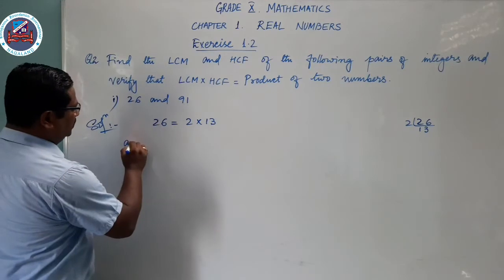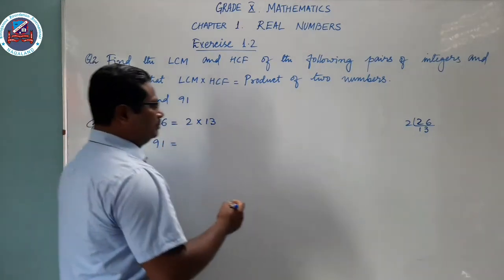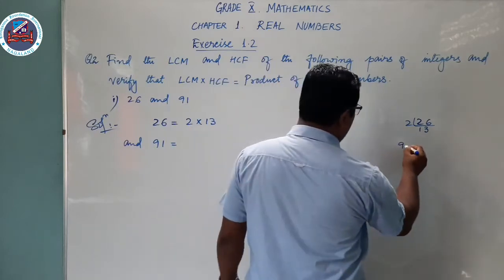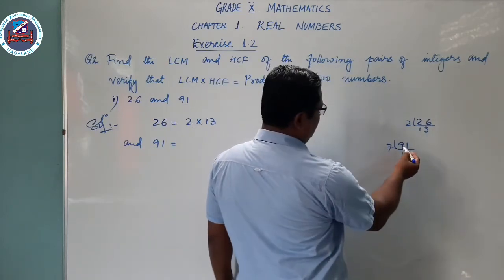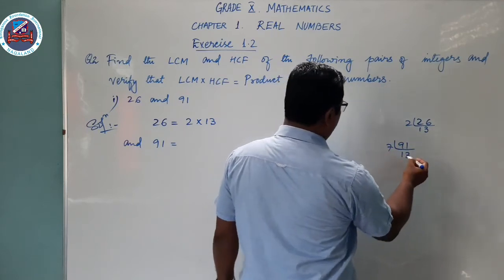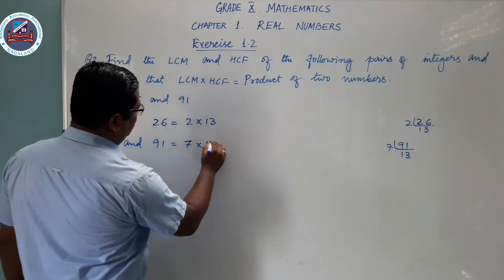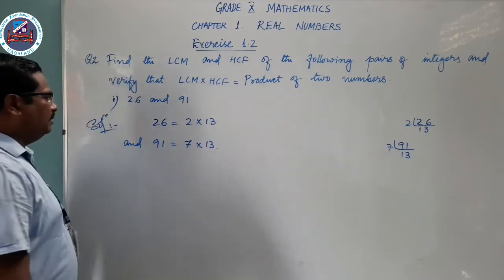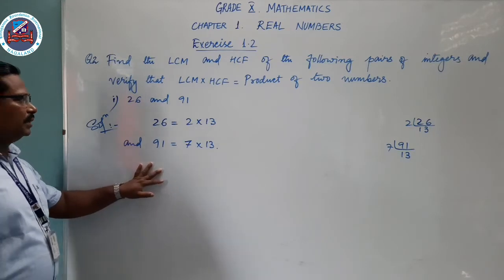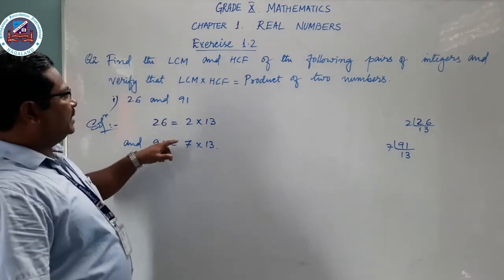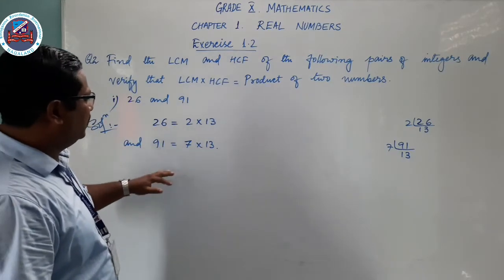And 91 is equal to, you can do it by 7. 7 ones are 7, 7 threes are 21. So you write 7 into 13. In finding out the HCF, which is the highest common factor, you have to find out which terms are common.